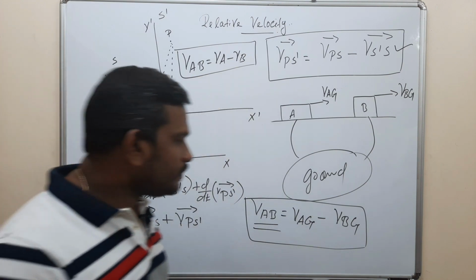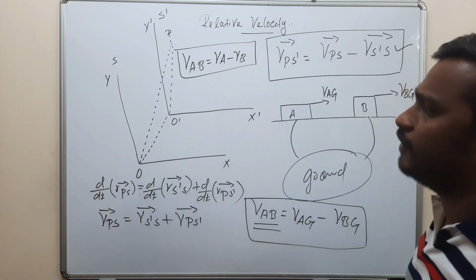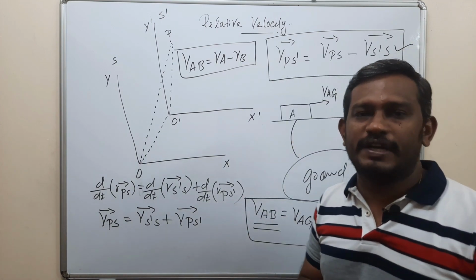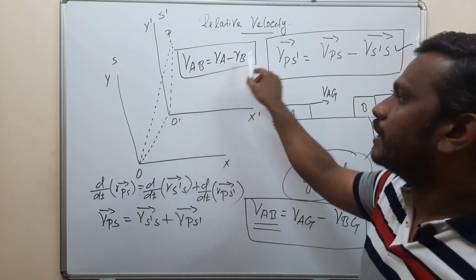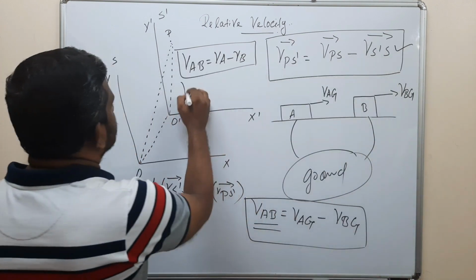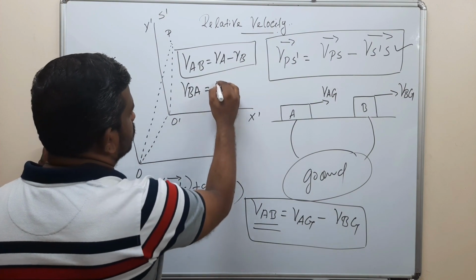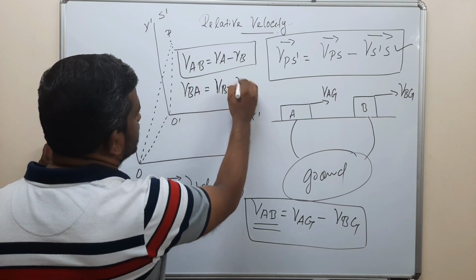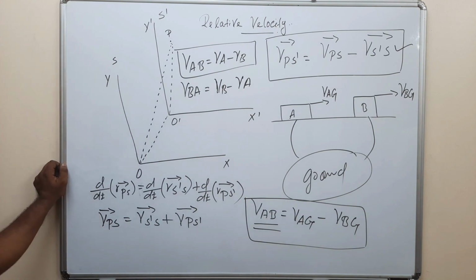Clear? This is the formula for finding the relative velocity. Similarly, the velocity of B with respect to A is vB minus vA.